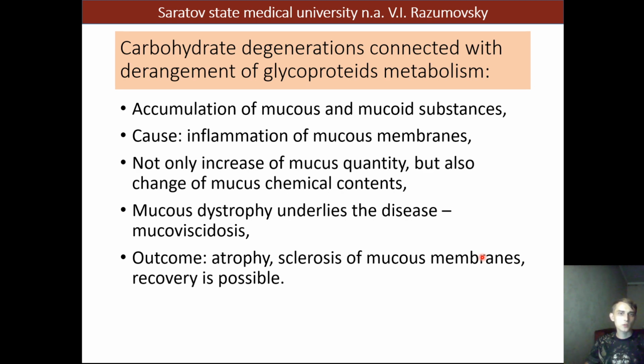Mucous dystrophy underlies the disease mucoviscidosis, the most important in pediatric practice. Outcome: atrophy, sclerosis of mucous membranes, and most of all, its recovery is possible.